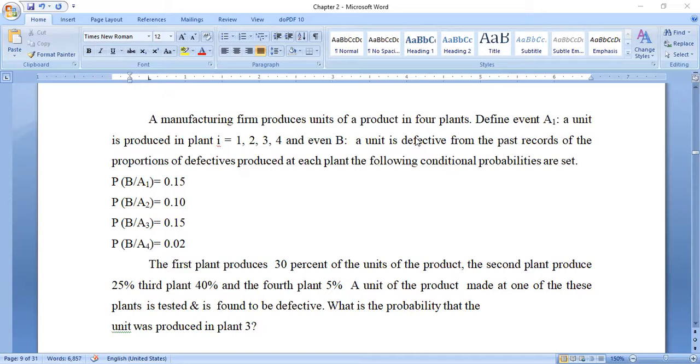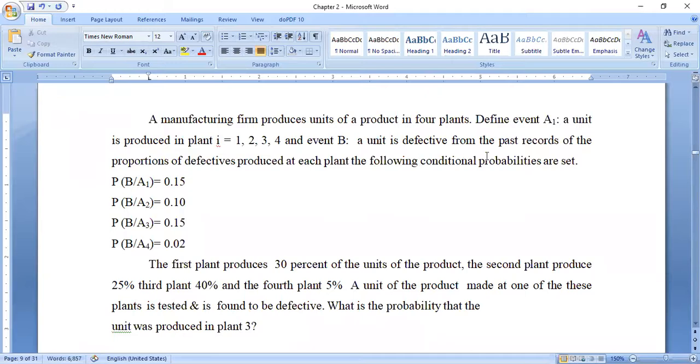Define event A_i: a unit is produced in plant i, i = 1, 2, 3, 4. Four plants are there, and B stands for the defective items. We call it event B.